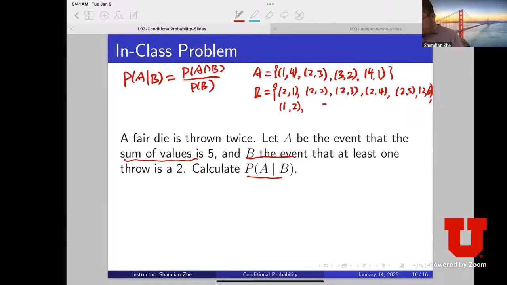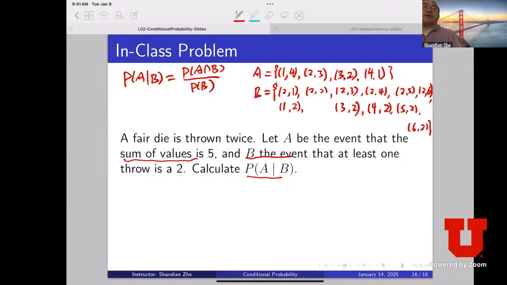Then the second draw is 2, but the first draw is 3, and second draw is 2, and first draw is 4. Second draw is 2, first draw is 5, and finally, second draw is 2, and first draw is 6.